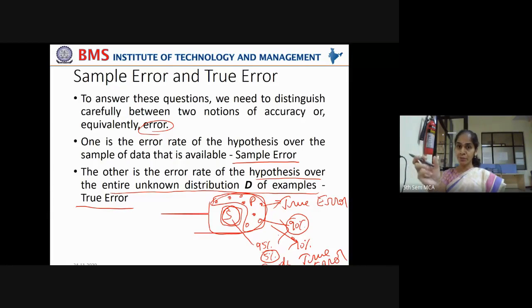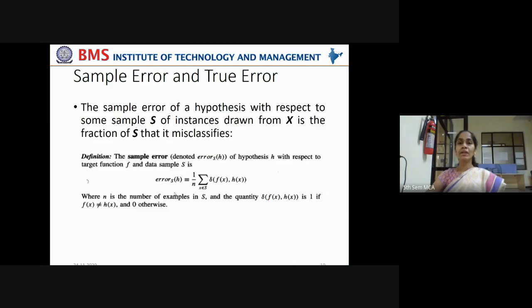I have to reduce the difference between this sample error and true error. If my sample error is the same as the true error, then my model is generalizable and performing very well. Then the accuracy of my machine learning model is very high and it is not showing any overfitting symptoms. This is the difference between sample error and true error.